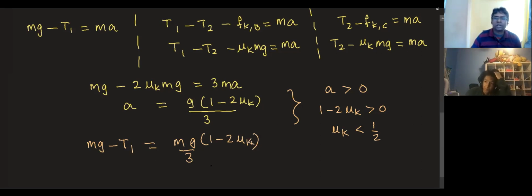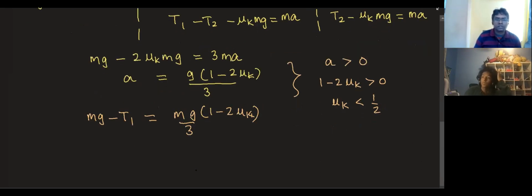So from here, T1, if I take mg common, I have 1 minus 1 by 3 here, so that's 2 by 3, plus.